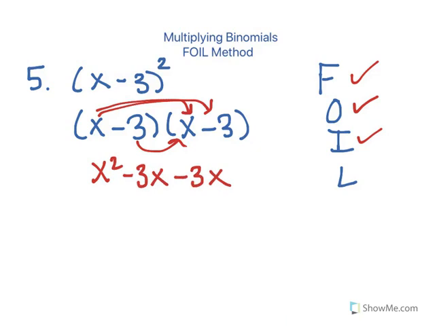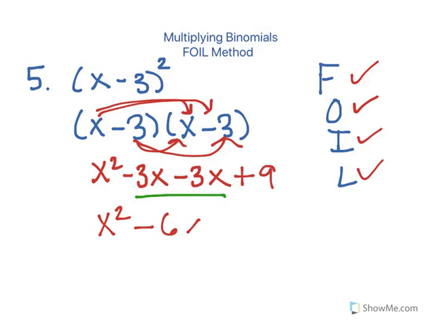And last, which is negative 3 times negative 3, which gives me a positive 9. Combine those middle terms. Notice this time that they match, so they don't cancel out. I just double it. Negative 3x minus 3x will give me negative 6x. Bring down that plus 9, and that is my final answer.